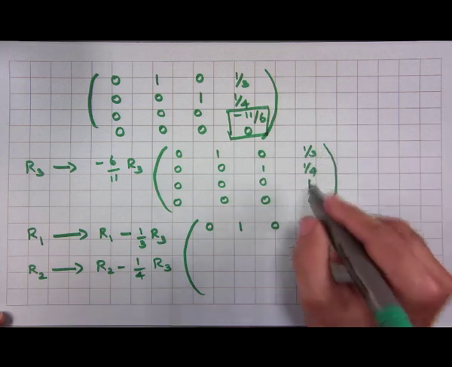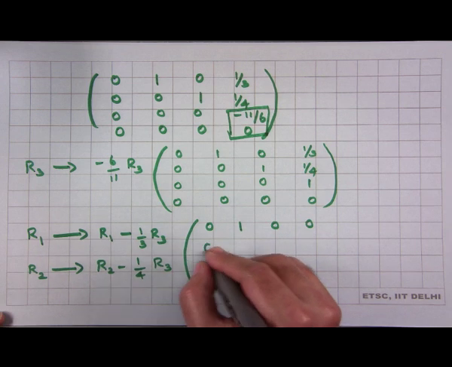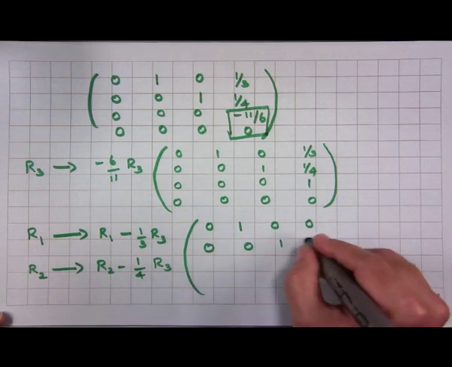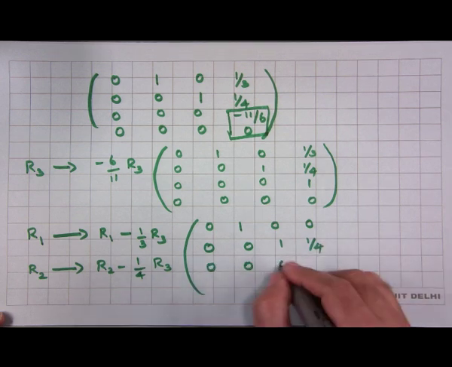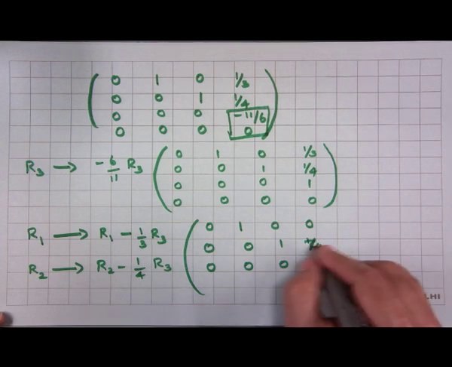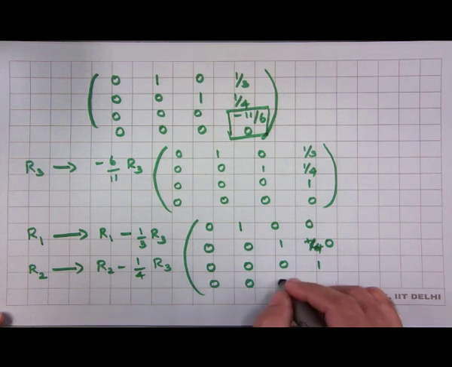Only thing is that 1 by 3 minus 1 by 3 times 1, which is 0. Similarly, the next one 0, 0, 1, 0, 0, 0, 1, sorry, this is 0, this is not 1 by 4, you have 0, 0, 0, 0.